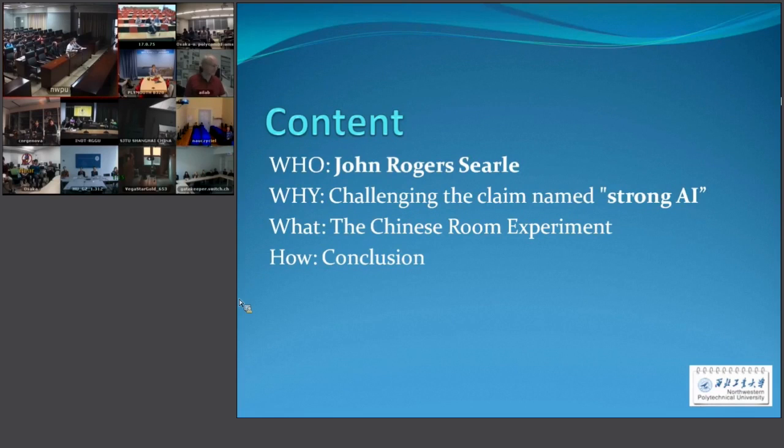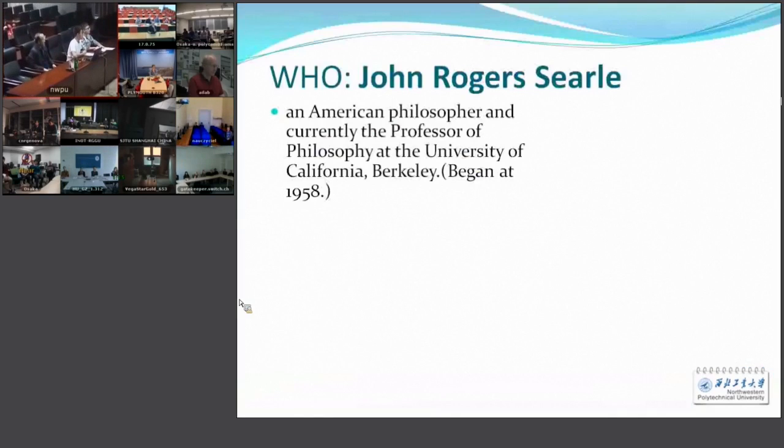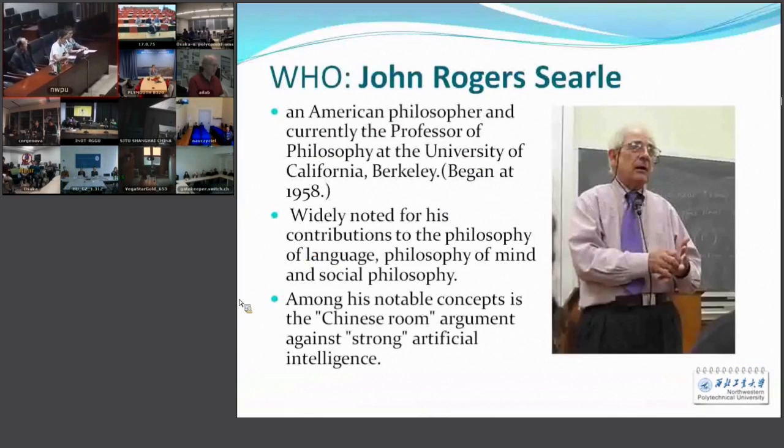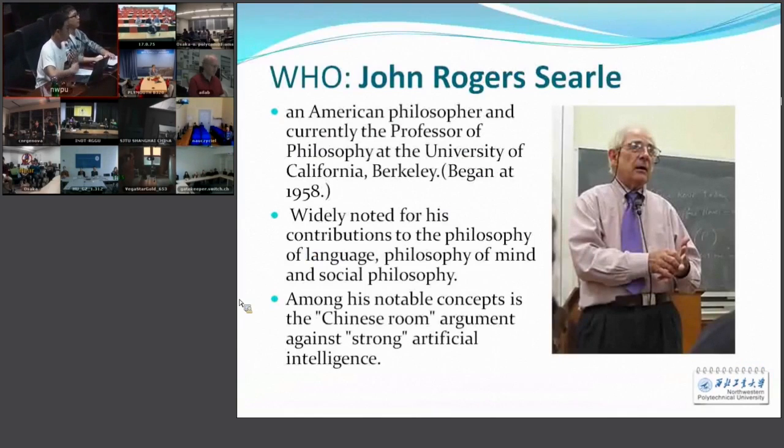Well, who is John Roger Searle? He is an American philosopher and currently the professor of philosophy at the University of California, Berkeley. He is widely noted for his contribution to the philosophy of language, philosophy of mind, and social philosophy.